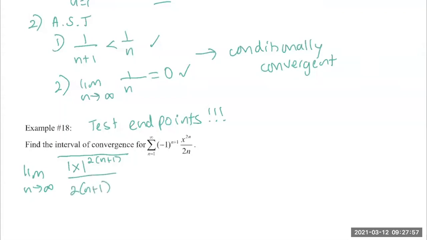This is the absolute value of your n+1 term. Then, instead of dividing by the n term, we multiply by its reciprocal, so that's 2n over the absolute value of x to the 2n power.